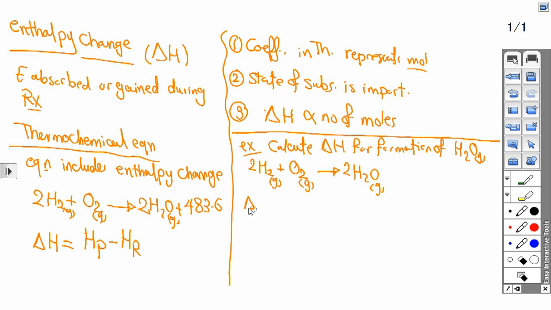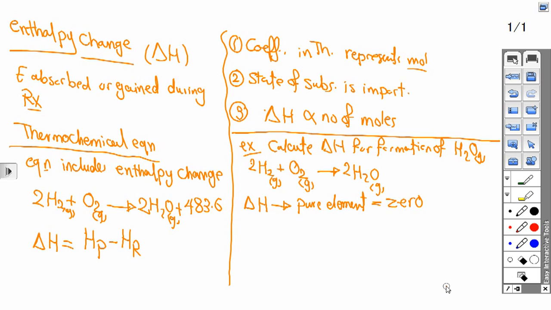How can we solve this? Delta H, or the enthalpy change, equals product minus reactant, right? Delta H for any pure element equals 0. So delta H of H2 equals 0, and delta H for O2 also equals 0.